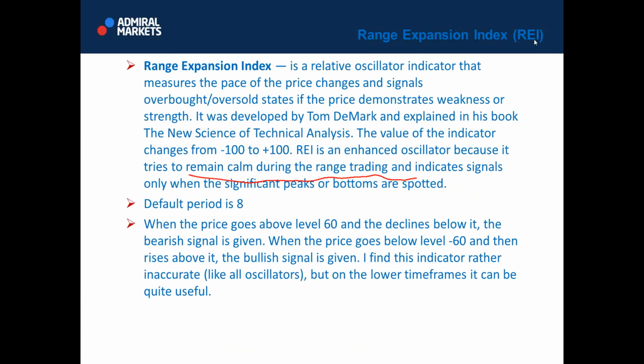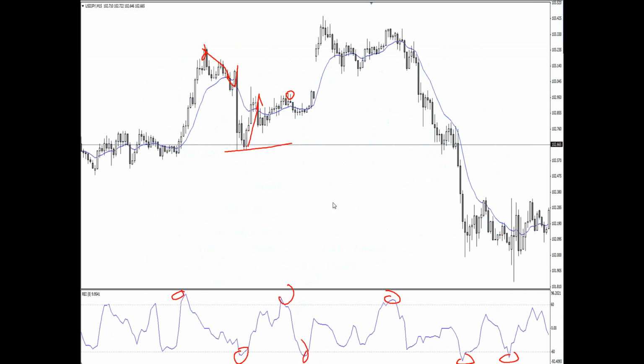The Range Expansion Index can be downloaded on the internet, and it's quite useful if used on M15 and around important support and resistance levels. As you already know, of all the things we talk about with those indicators, you need to use other confirmation signals for the indicator's strength to be valid.